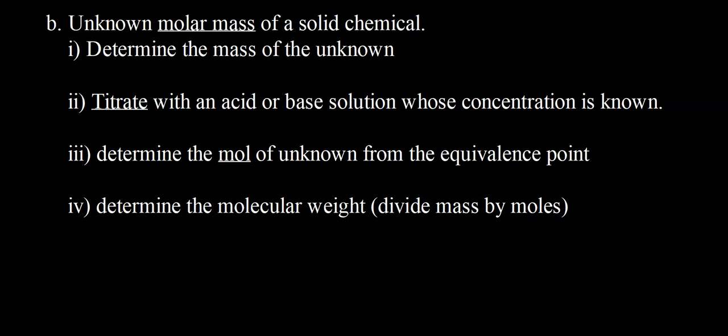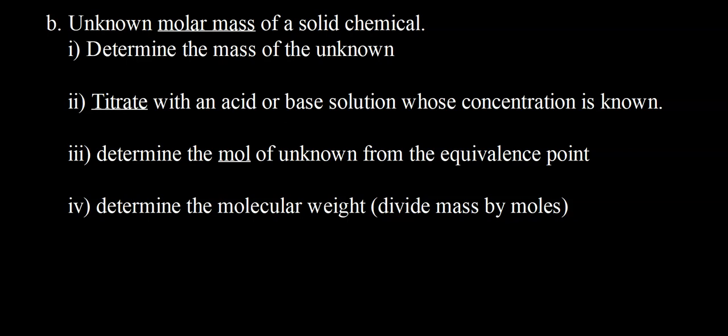So first step is to determine the mass of the unknown acid or base. So we need grams of that. Then we take that, we titrate it with an acid or base solution whose concentration is known. Of course, you're going to titrate to the equivalence point. And based on the concentration and volume of the acid or base that you're using, you can find moles of the acid or base.